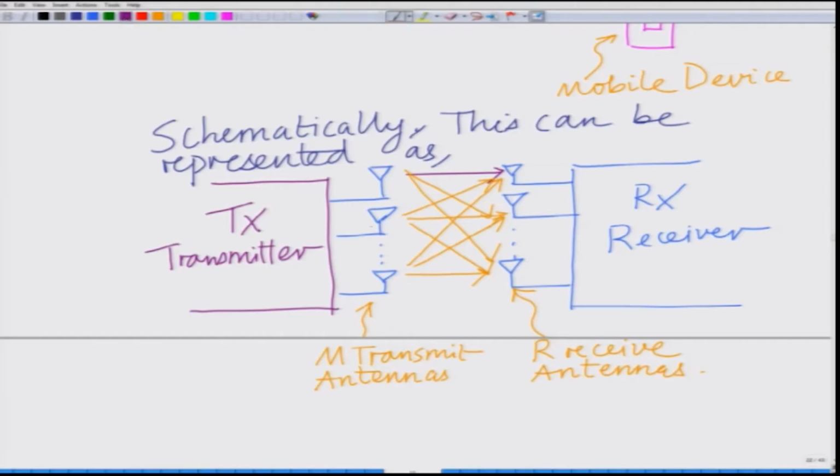Okay. So, let us consider the symbols transmitted on these m transmit antennas to be x1k, x2k, and so on up to xmk, and the received symbols are y1k, y2k, up to yrk.